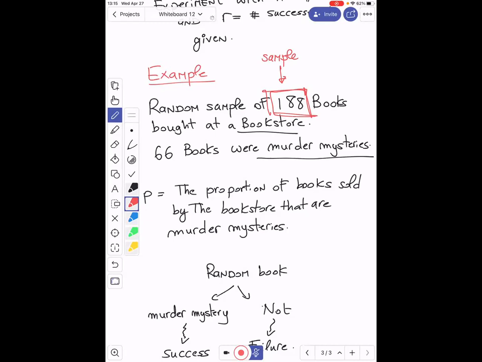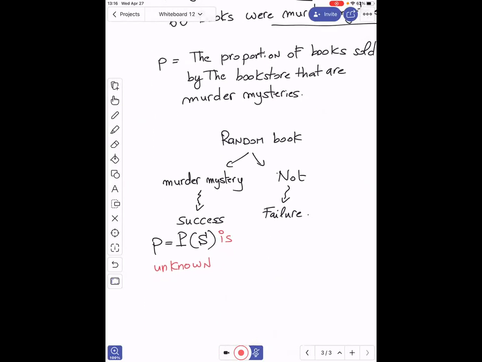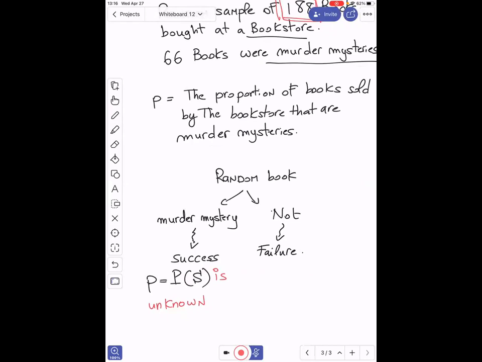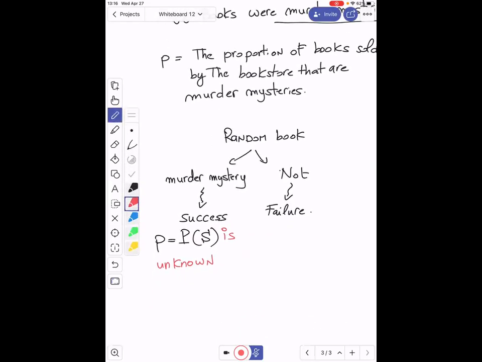We don't know the probability that a random book is a murder mystery. So the probability of success P is unknown.